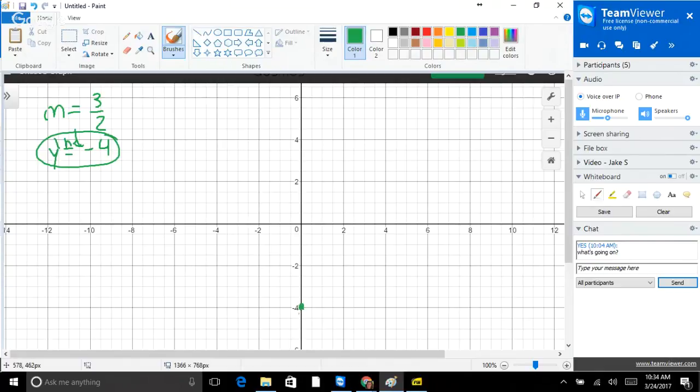You're halfway there, right? Your slope is 3 over 2. So that means for every rise of 3, I run 2. So if I want to draw my slope, I need to rise 3, so 1, 2, 3, and then run 2, 1, 2.